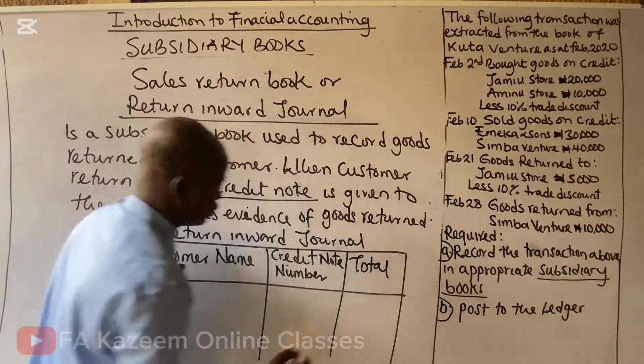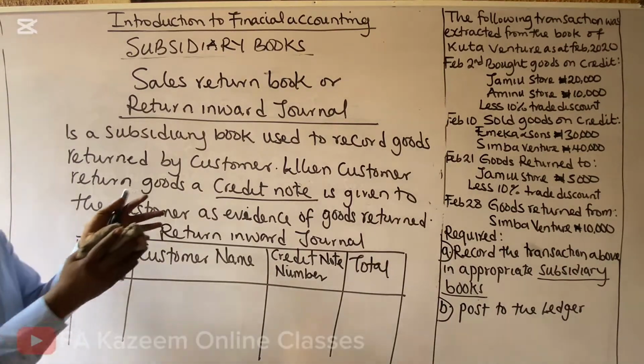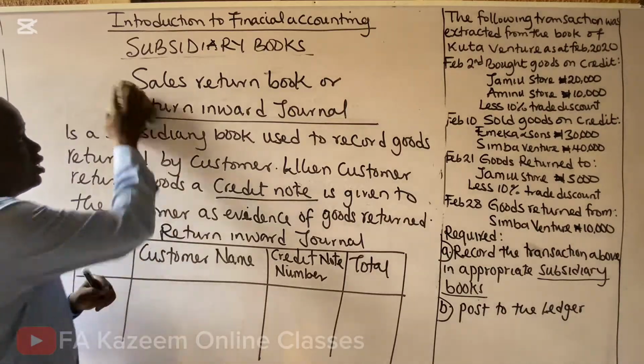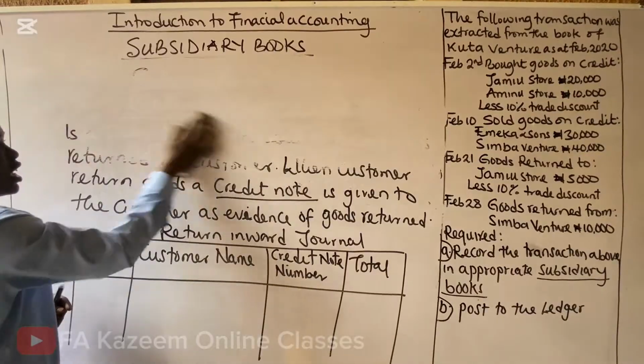This is return inward journal format. Now, having looked at this first special journal, what we are going to look at again before we go into the calculation aspects is trade discount.